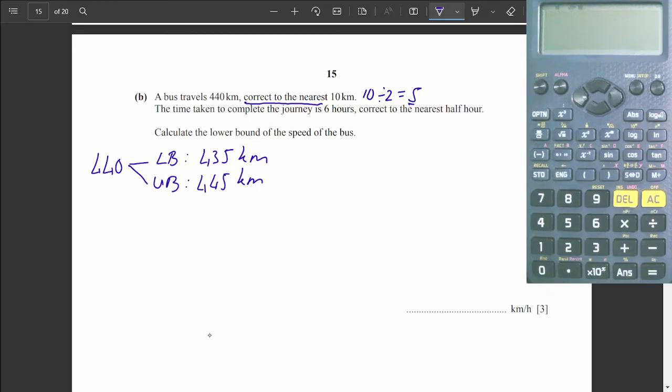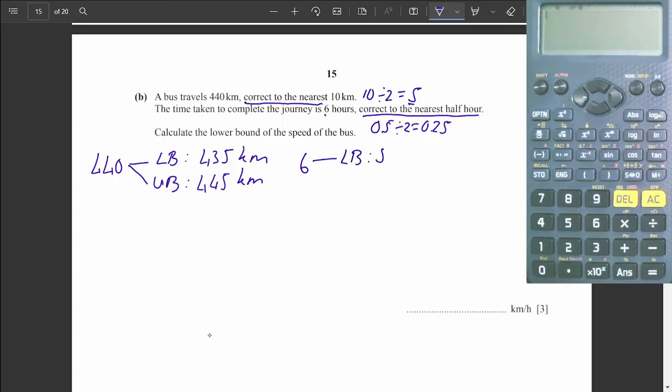The bus travels somewhere between those two distances. The time taken to complete the journey is 6 hours. Again, that is not exact. It's correct to the nearest half an hour. Half an hour, what is that? That is 0.5 of an hour. Again, we divide that by 2, we get 0.25. So, taking that 6 hours, to get the lower bound, we need to subtract 0.25.